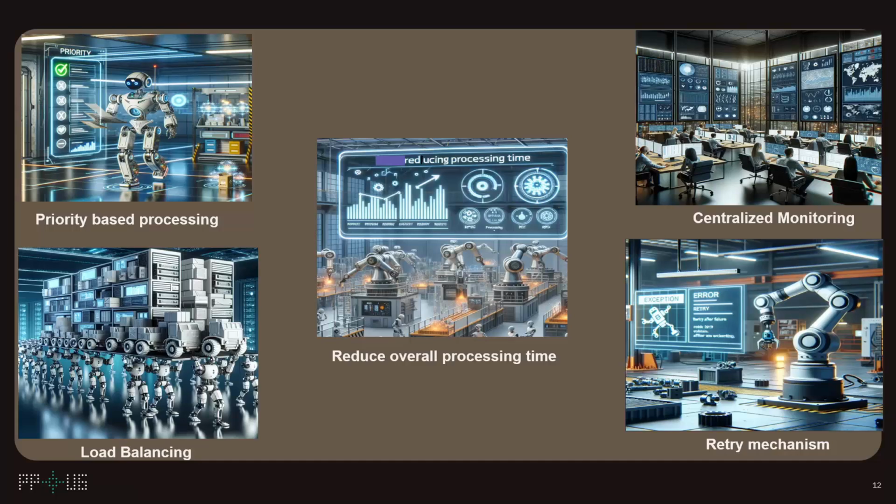So in the case of a heavy load, sometimes you want to reduce the processing time. Having effective load balancing reduces the overall time to process all the queue items. It's like, I would say, standing in front of an ATM.